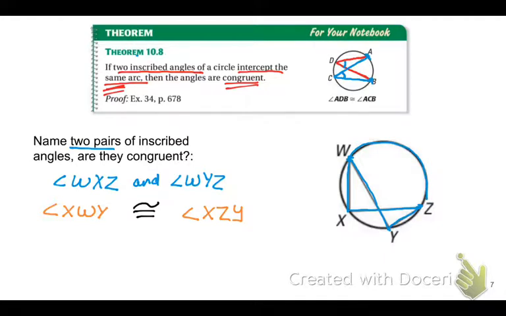If two inscribed angles of a circle intercept the same arc, which they do, then the angles are congruent. So WXZ is congruent to WYZ. And we can fix this and say the two are congruent. Both of these theorems are going to come in super handy in your homework, so make sure that you understand them.